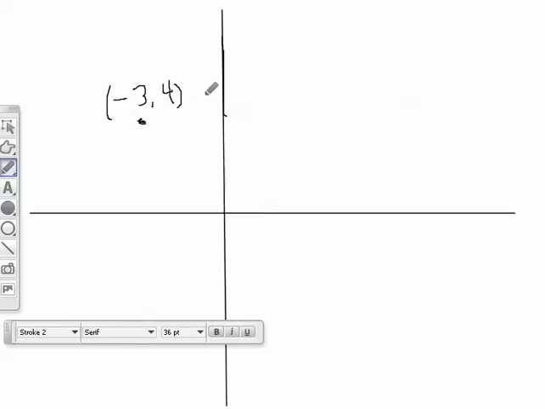My rule for this is that the new point is going to be located at 3 comma 4. I want you to notice what I did there. I took the x coordinate and changed it from negative to positive. So the rule for this one is real easy to come up with.